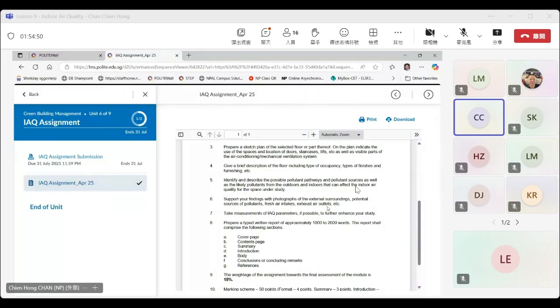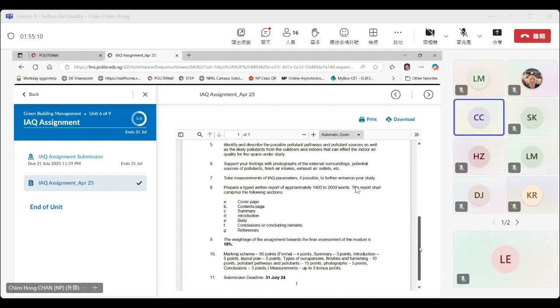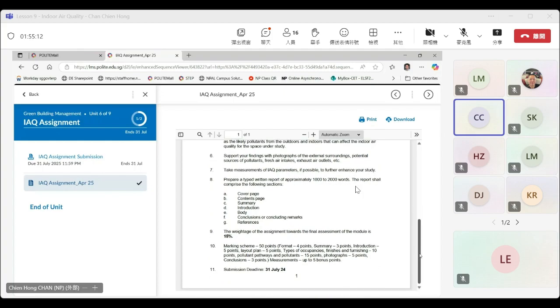If you have some instruments with you, such as temperature sensors or any IAQ meters, then you will score bonus points if you have some readings. So prepare this simple written report, about 1,000 words, not a lot, and try to cover these various topics.